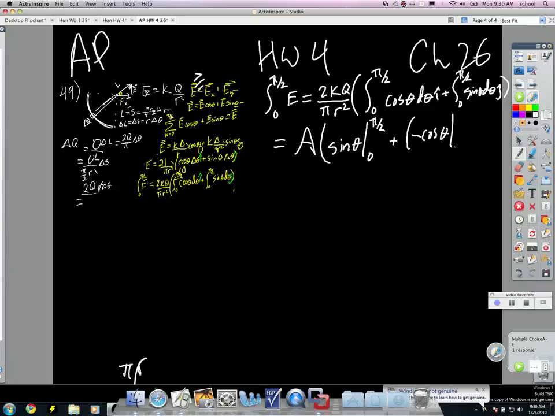So this is a times 1 times i hat plus, and then here, this gives us the cosine of pi over 2 is 0 minus cosine of 0, which gives us negative 1. Negative 1, but then I have a negative in front of it, which gives us positive 1. And that's what we get.